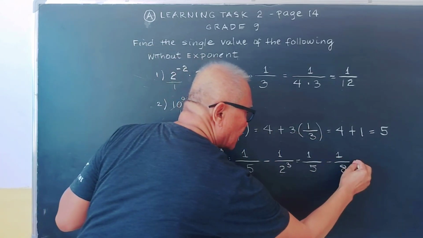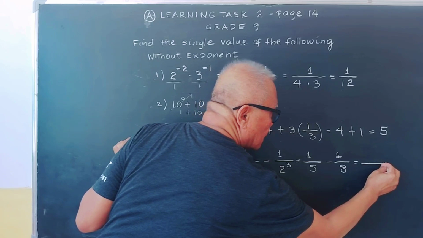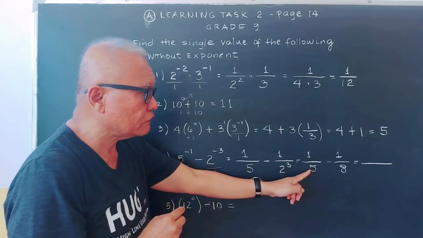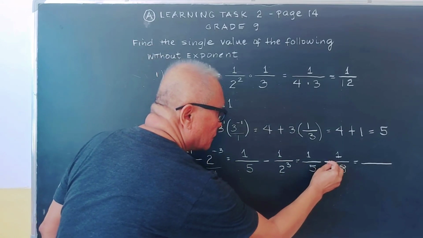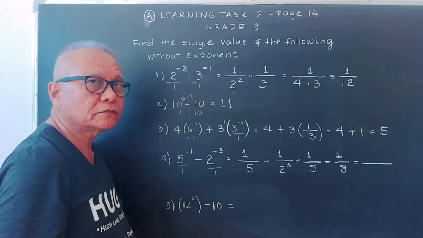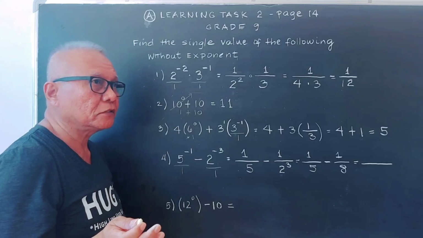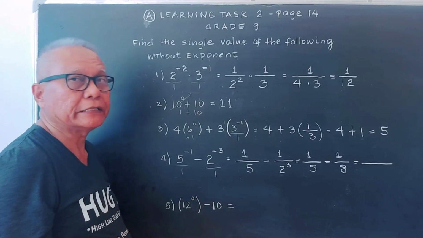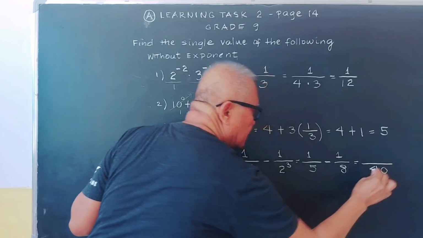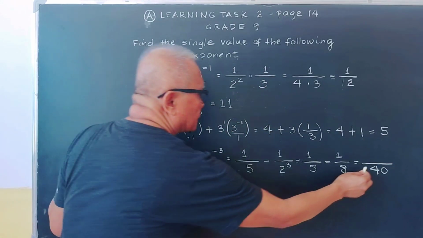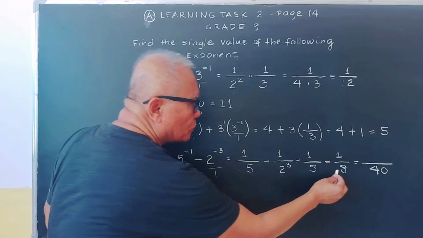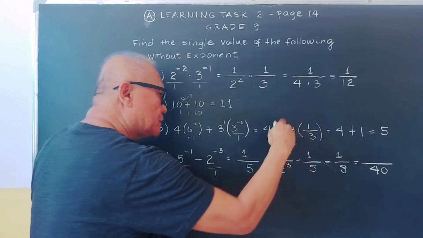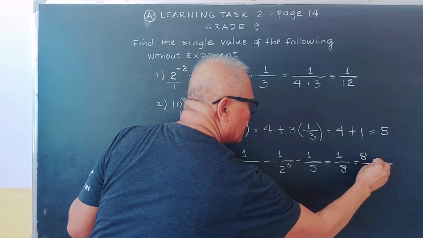Ngayon, ano yan? Subtraction of fraction. O, di mag-subtract tayo. Paano tayo mag-subtract? Kukunin ng LCD kasi ito ay 5, yun ay 8. LCD of 5 and 8? Simulan sa 8, hindi. 16, hindi. 24, hindi. 32, hindi. 40, yes. So, our LCD is 40. 40 divided by 5, 8, times 1 is 8.